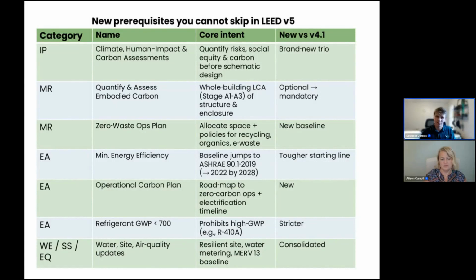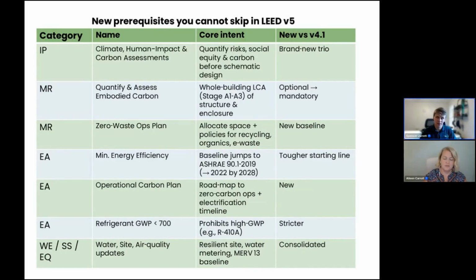And lastly, refrigerants exceeding a GWP value of 700 need an alternative analysis, and for the commissioning needs to have details and testing as to how the leakages will be detected, monitored, and addressed. And higher GWP refrigerant options like R410A are effectively phased out with the version 5 update.